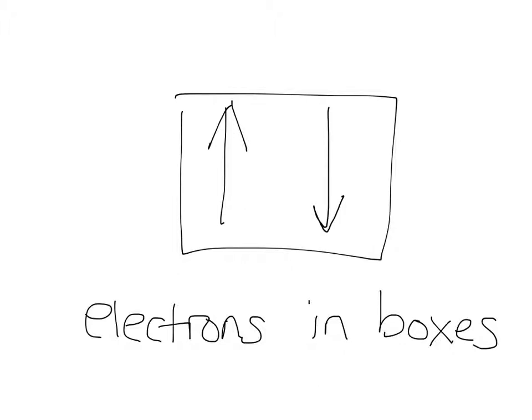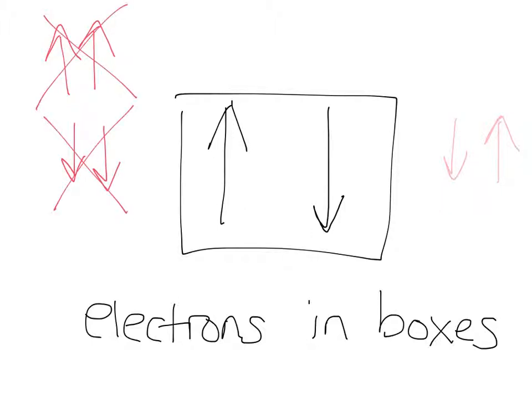So you could also have it drawn like this, that's fine. What's not allowed is drawing it as such. So we can't draw it both spinning in the same direction. They're not allowed. They've got to be spinning in opposite directions.